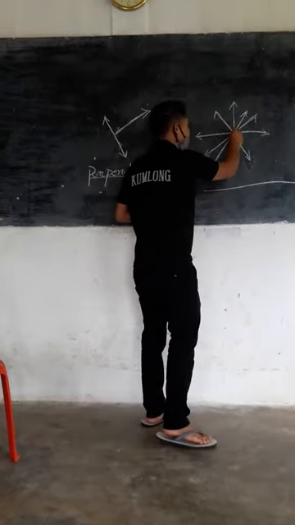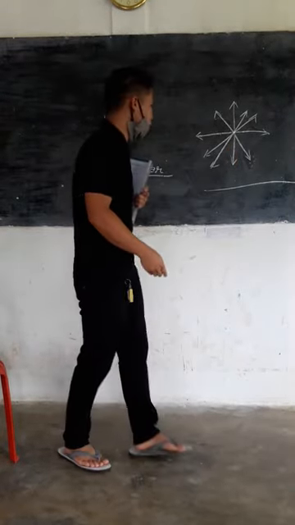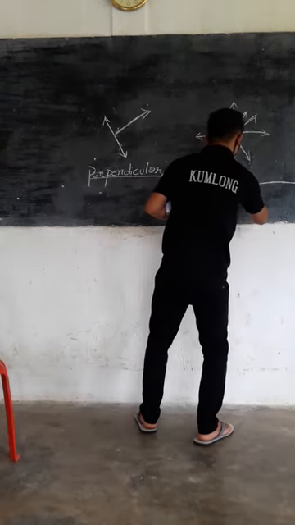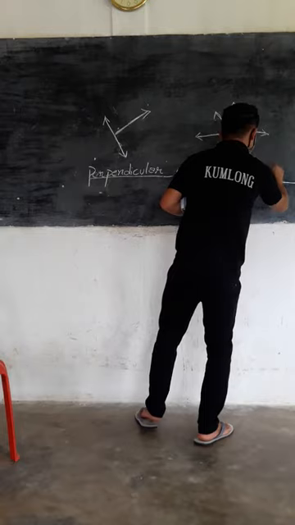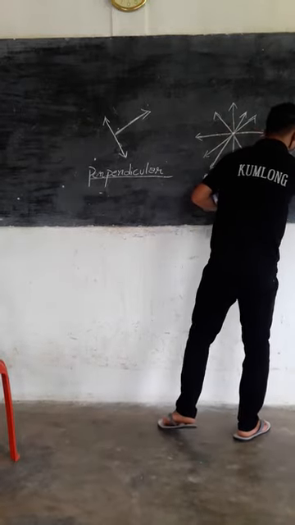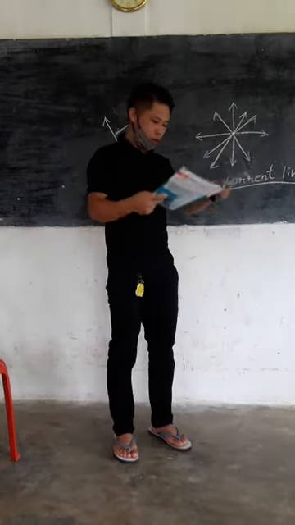This is a single point. Multiple lines passing through a single point is known as concurrent lines.